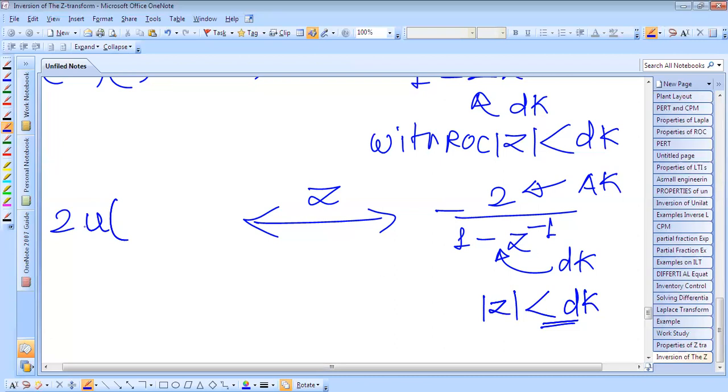As per the standard, this is ak into dk raised to power n into u of minus n minus 1, with ak equal to 2 and dk equal to 1, so there is no need to write 1 raised to power n.